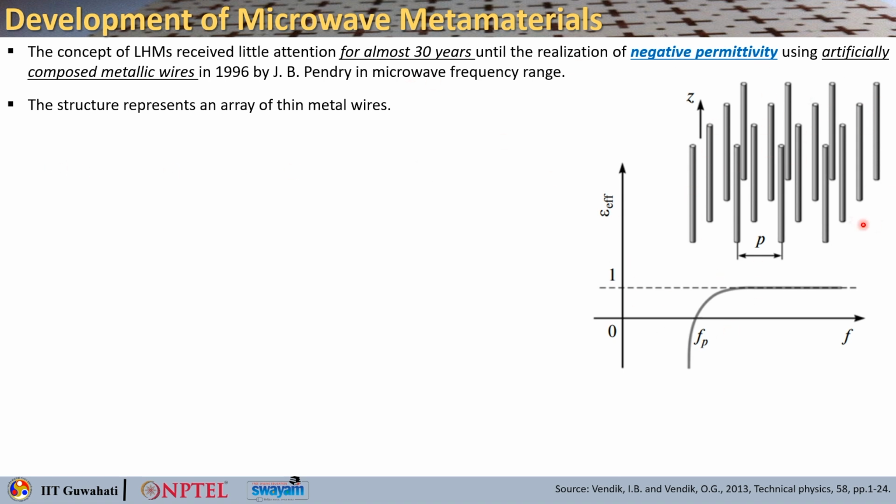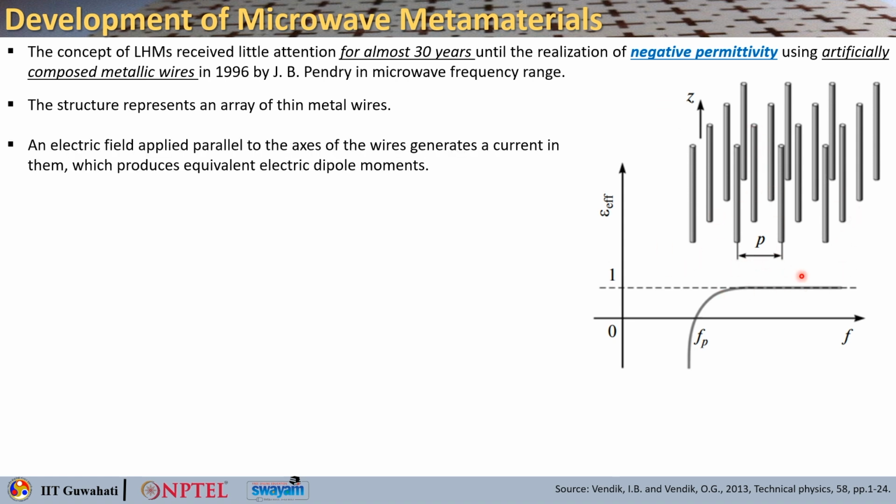As you can see, there is a structure that represents an array of thin metallic wires. P is basically the periodicity, and when you have electric field applied along the axis of the wires, they generate a current in them which produces equivalent electric dipole moments.